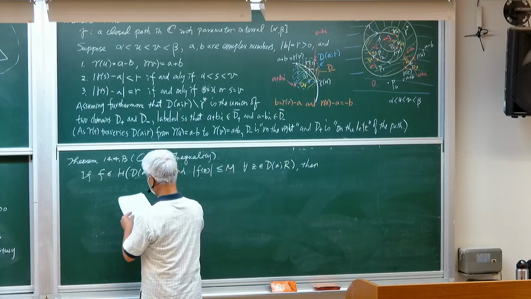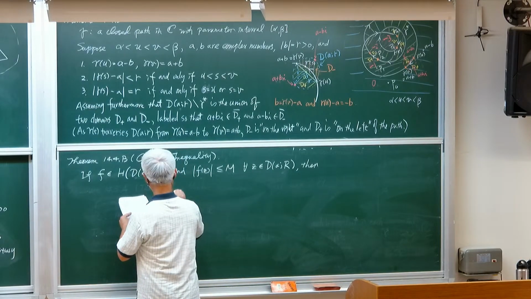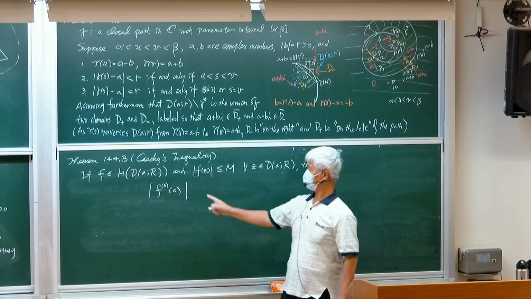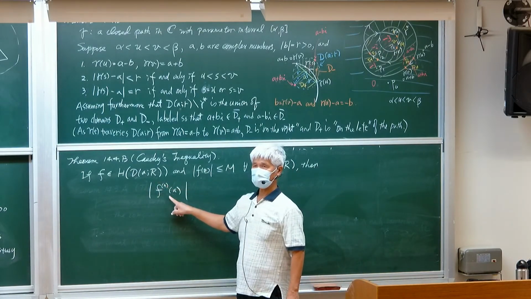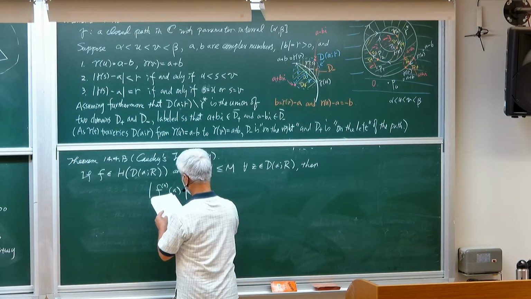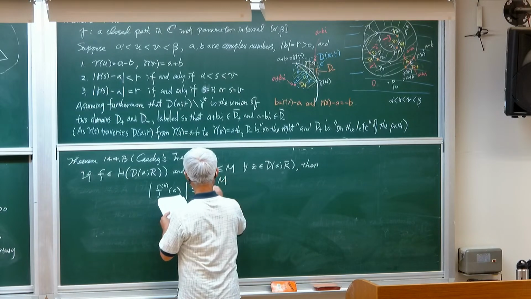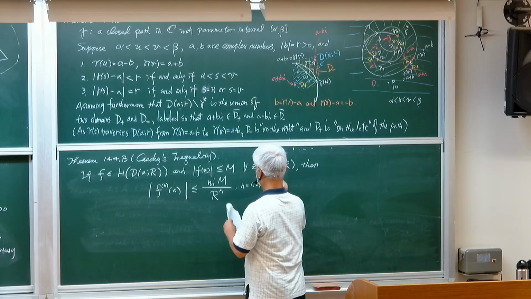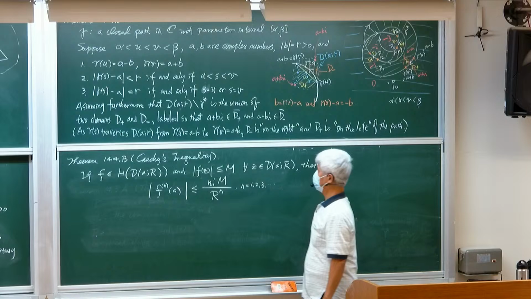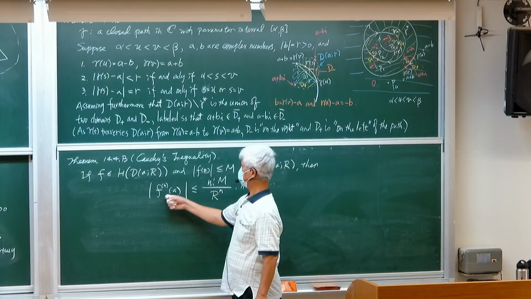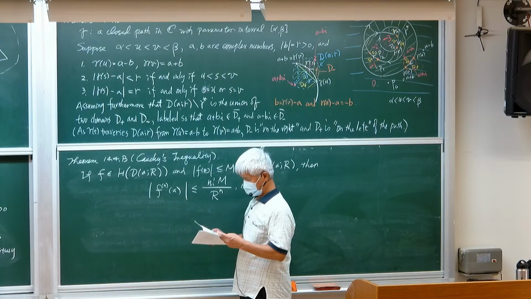Then we can estimate the size of the nth derivative at a. It will be upper bounded by n factorial times M divided by R to the power of n, for every positive integer n. So this is a very good estimate for the nth derivative.